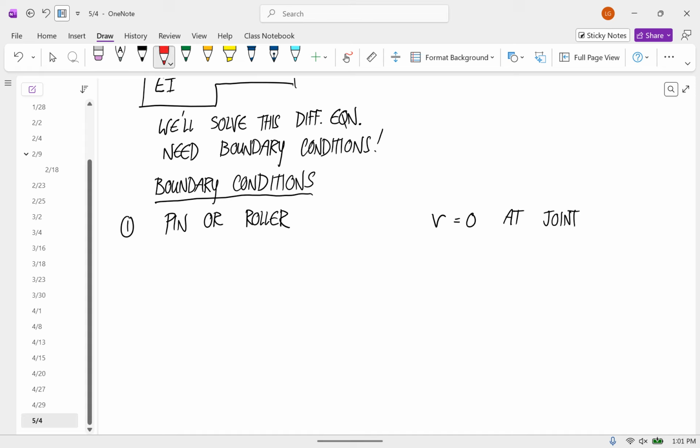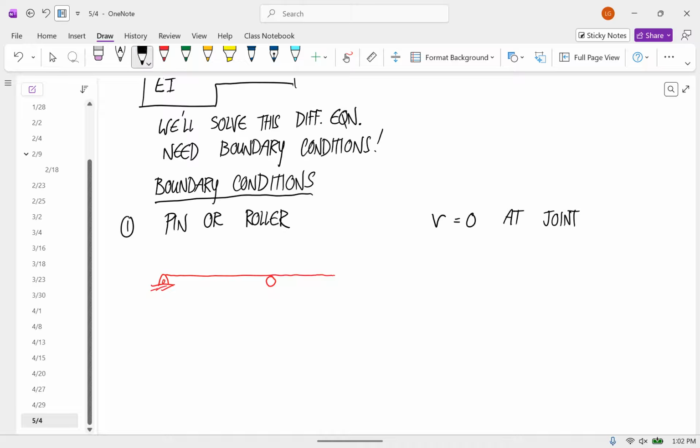If this is your undeformed beam, and you have, let's say, a pin here and a roller here. Okay. And then you can apply any kind of crazy forces you want to this.